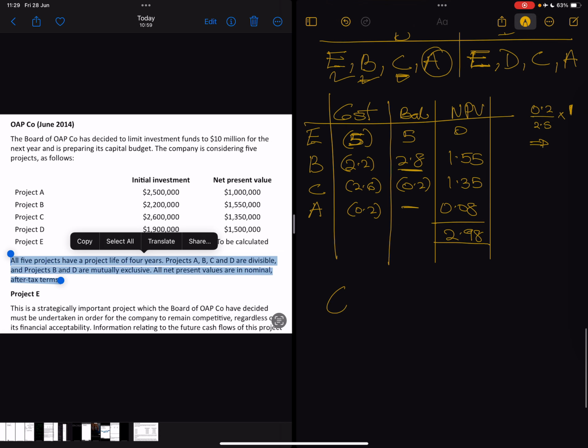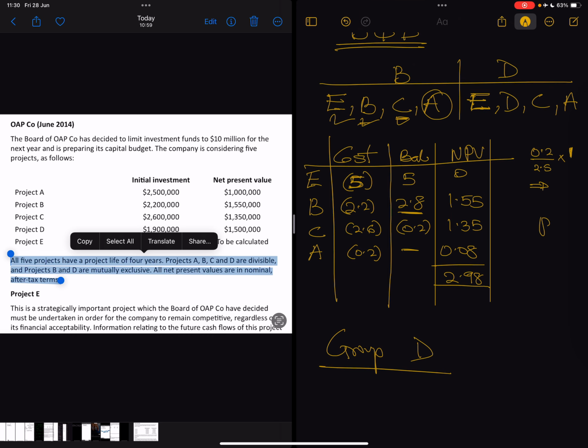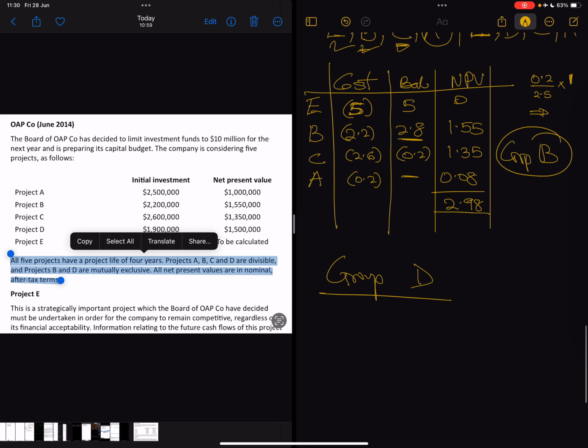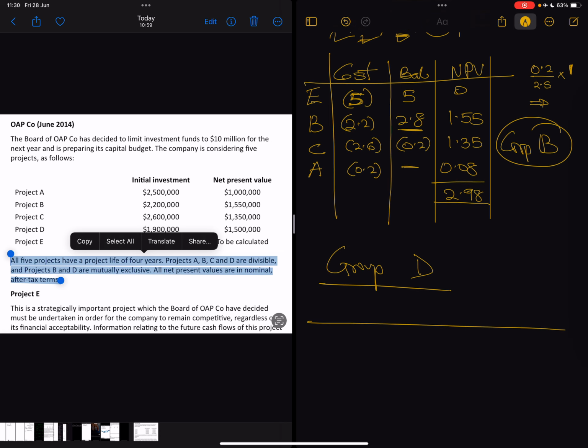For group D, we've done for group B. So now let's do for group D. This is group B, remember? So for group D, the same approach. We have the project starting from E that must be done, the cost, the balance of fund that we have, the NPV that we get from our investment.